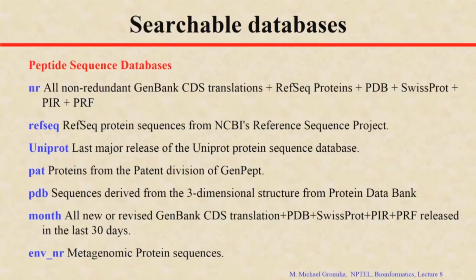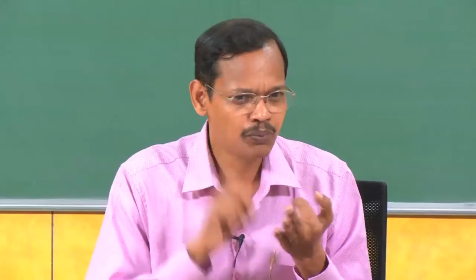So, now this is the query sequence. We have the query sequence, and you can give it in different formats, either the sequence in specific formats or the accession number, UniProt number or GI number and so on. Then the searchable database. We have to provide the database to search. There are different options available in BLAST.